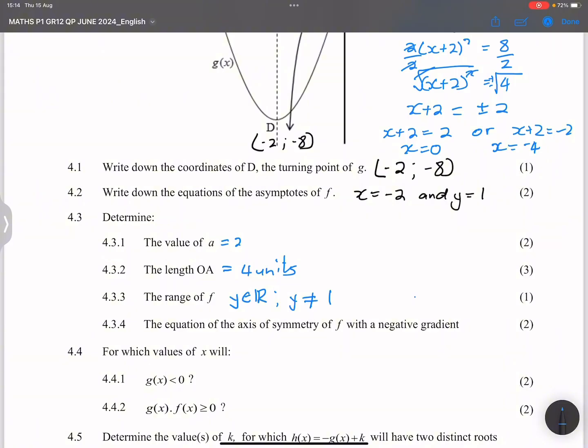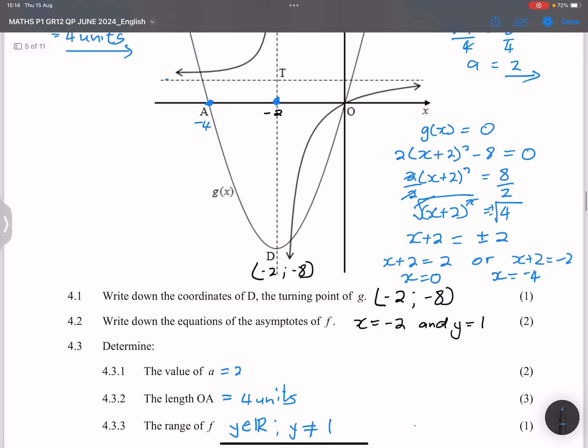Right, so in this case, they ask for the equation of the axis of symmetry of f with the negative gradient. Now remember that the hyperbola has axes of symmetry, and we've got 2 axes of symmetry. The first one is y equals x plus k1. The other one is y equals minus x plus k2.